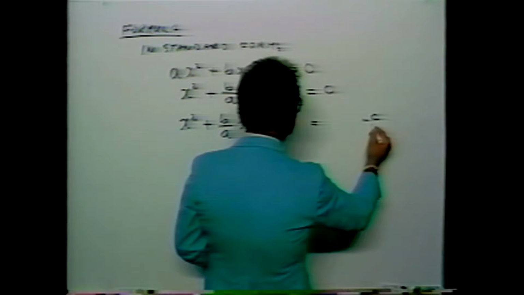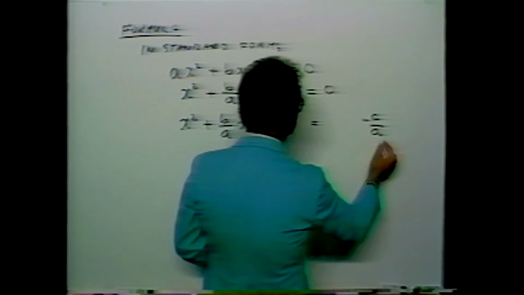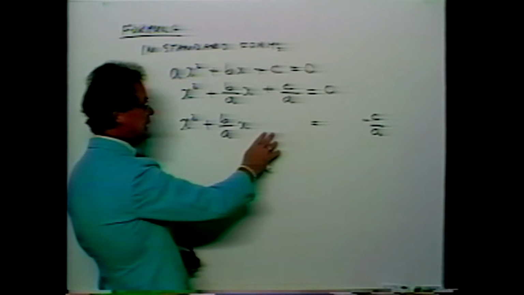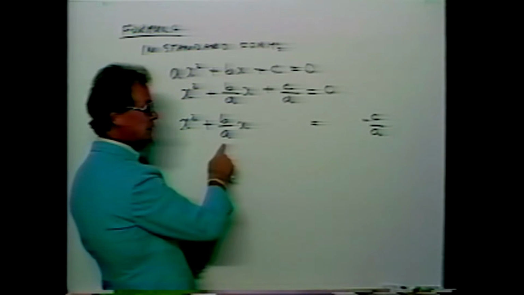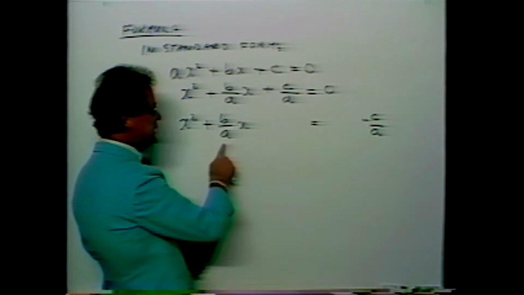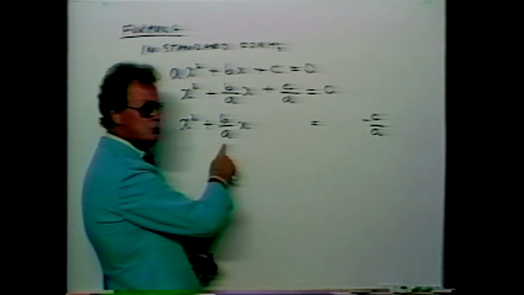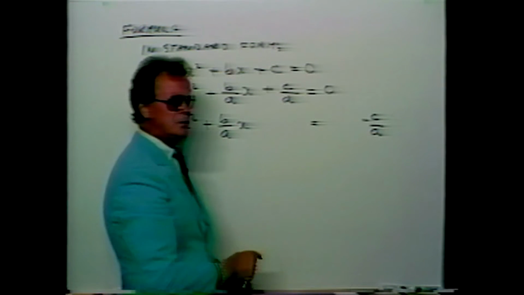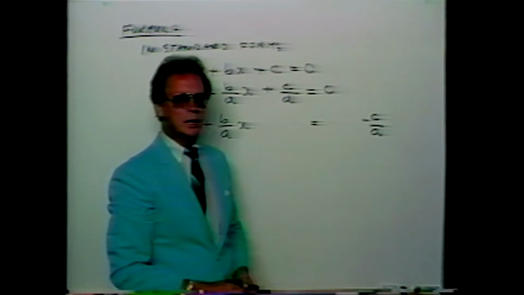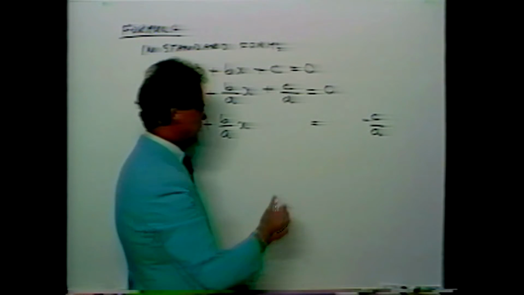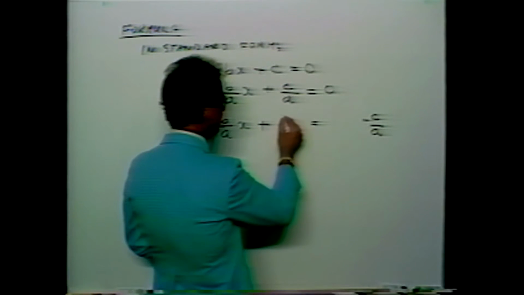negative c over a. Complete the square on the left by taking half of the coefficient of x, which is b divided by 2a. And b divided by 2a quantity squared is b squared over 4a squared.